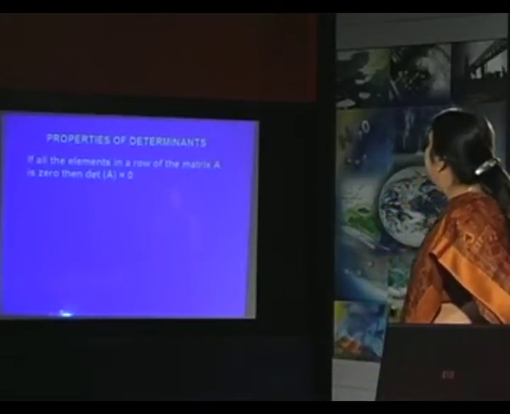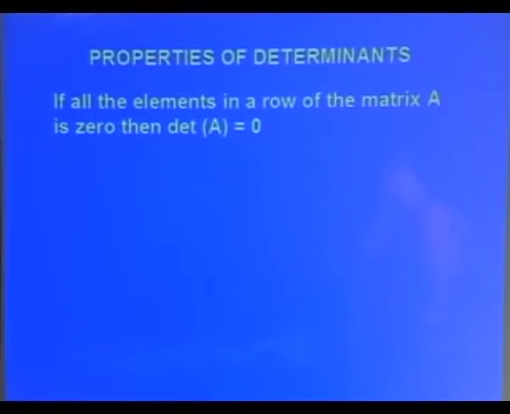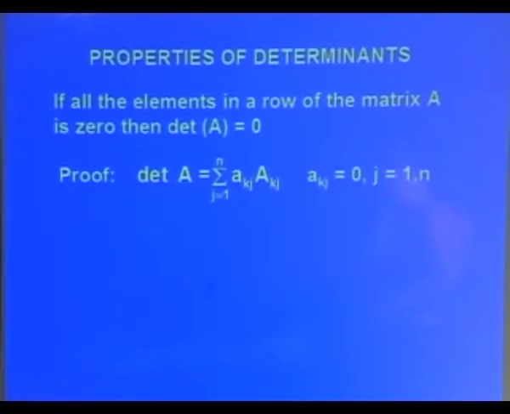If all the elements in a row of the matrix A are 0, then determinant A is 0. Now, first let me give you the proof of this. Determinant A, as I told you, can be written as the sum over j equal to 1 to n of akj times Akj, where Akj is the cofactor of akj.